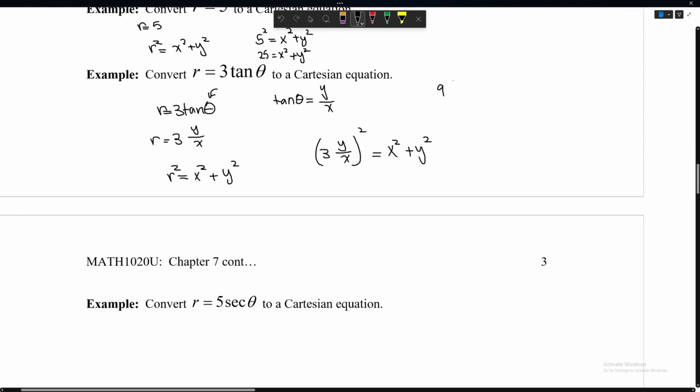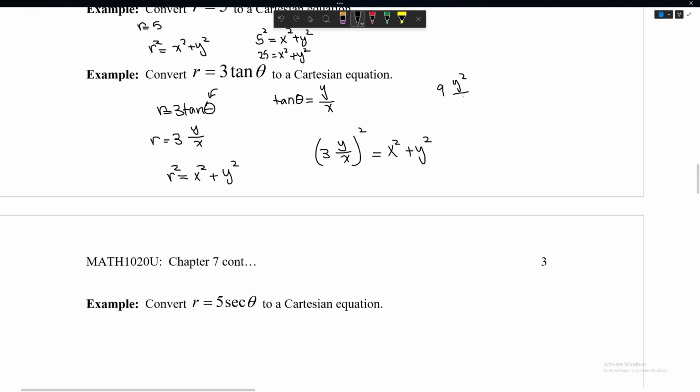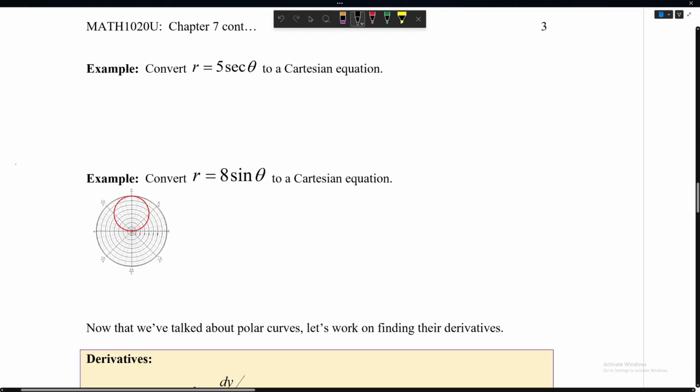I could make it 9y squared over x squared equals x squared plus y squared. You can bring it to the other side and isolate for either one, or you can do it in another format. Instead of applying this here, you could square root this whole thing. You don't really have to do any of this, but that's one way.